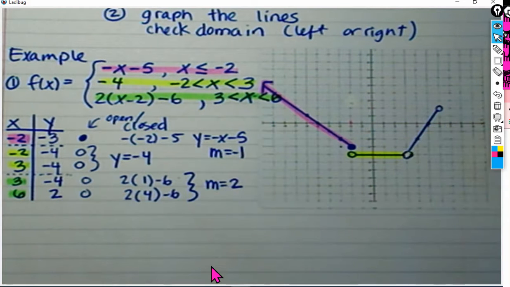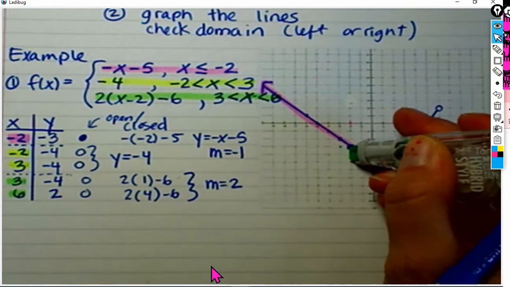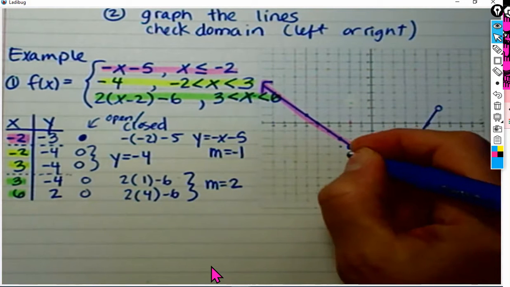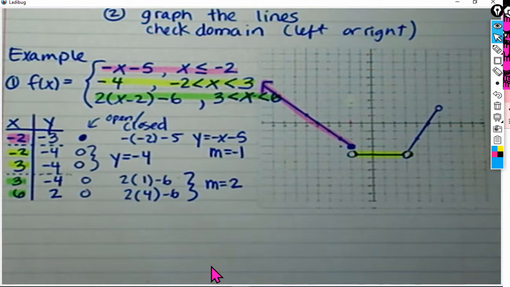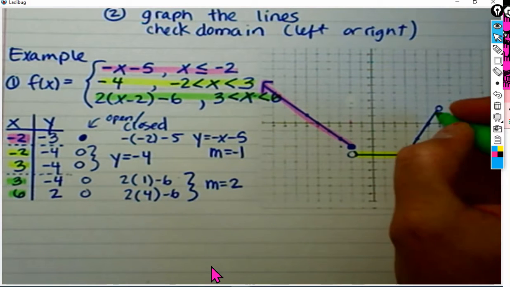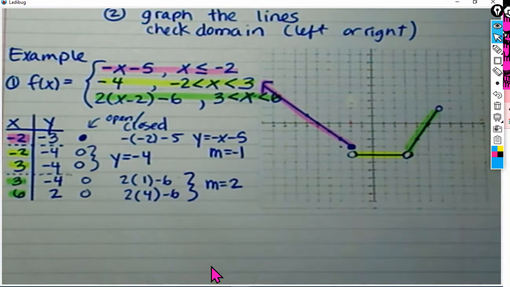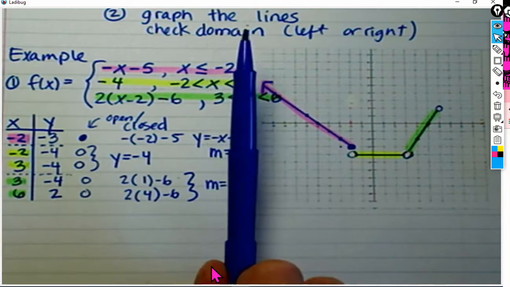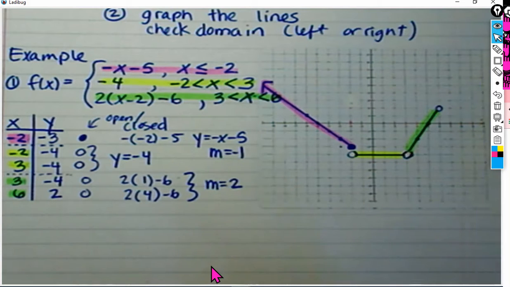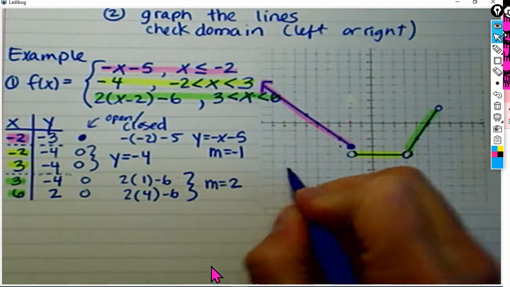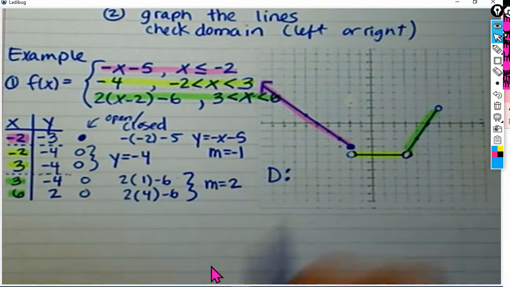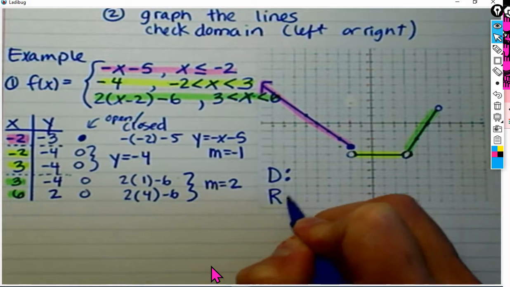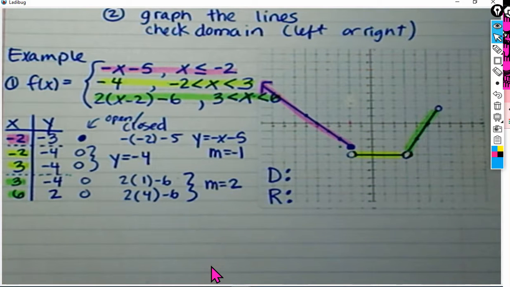Okay, and so this is the green part right here with a slope of 2. Notice that as you drag your vertical line across the graph, it is a function. Piecewise function. All right, so let's see if you can do the domain and range of this graph.